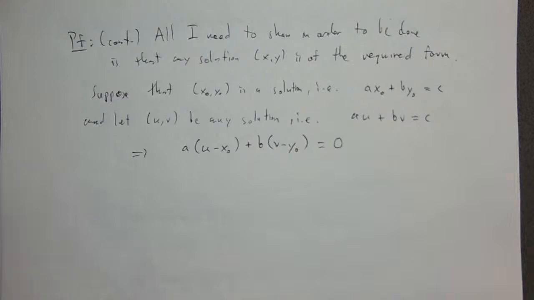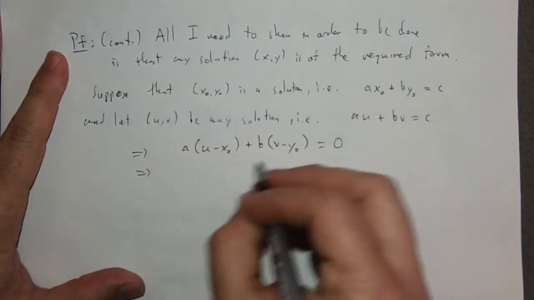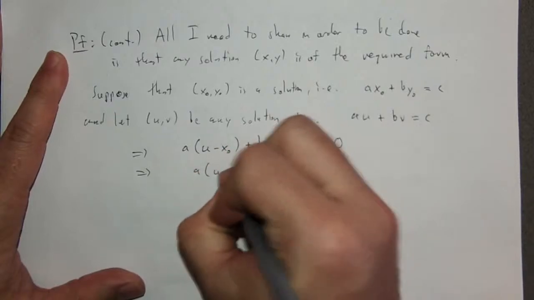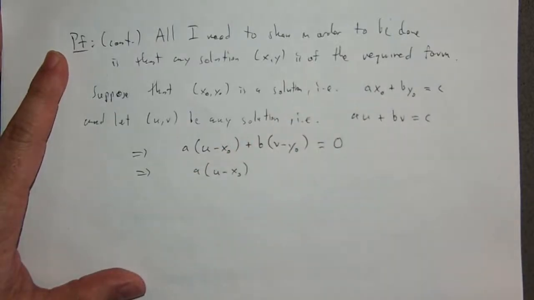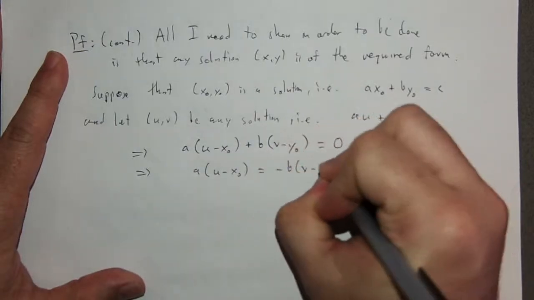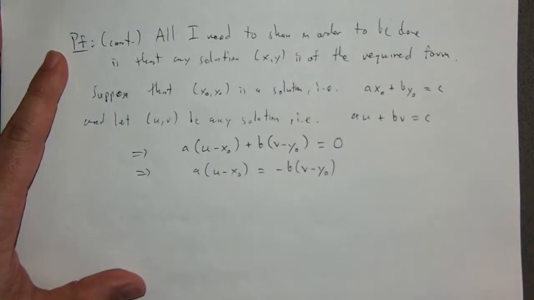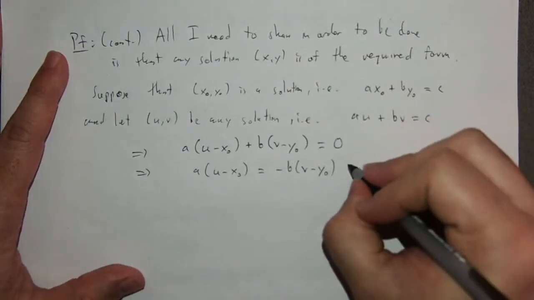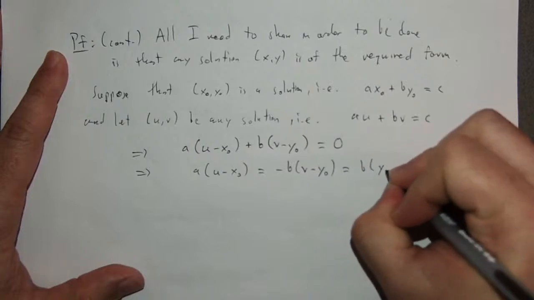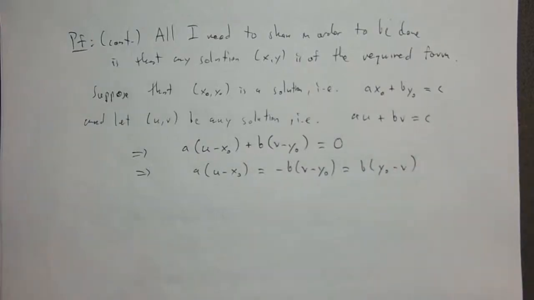Okay. So then moving this to the right-hand side, a times (u minus x naught) is equal to minus b times (v minus y naught). So changing the order here, this is b times (y naught minus v). Okay.